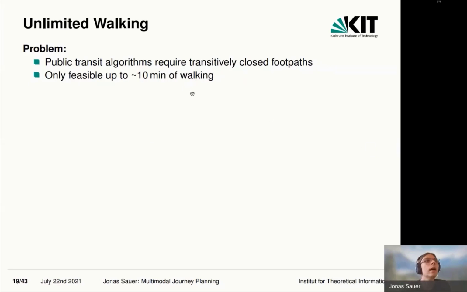Because if you have to compute the transitive closure of the footpath graph, then you can represent about 10 minutes of walking with that. And if you go any further than that, then the transitive closure becomes way too large and it's not practical anymore.